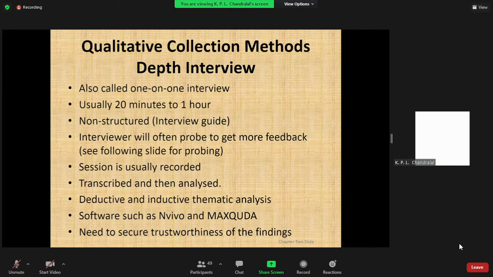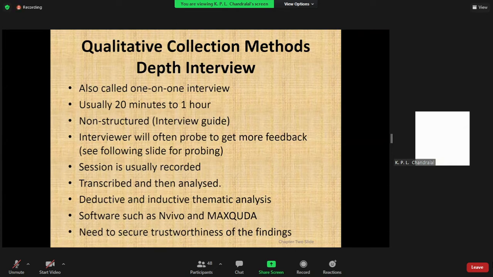The only thing you need is a kind of checklist to make sure that you cover all the elements listed in the interview guide during the interview. So it's non-structured. Sometimes we call it free flowing.